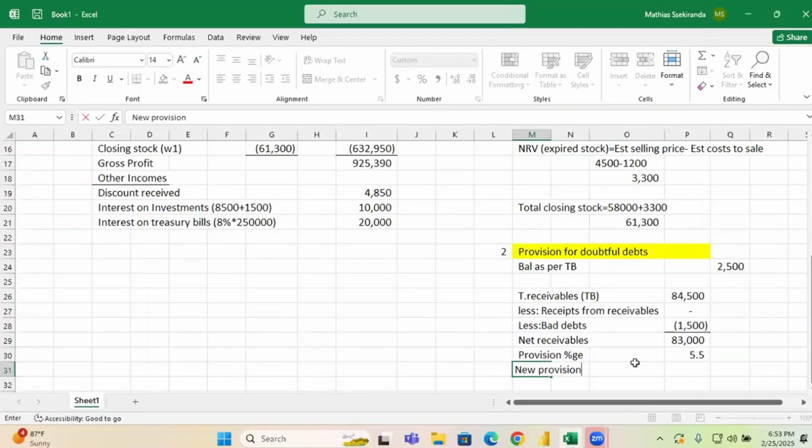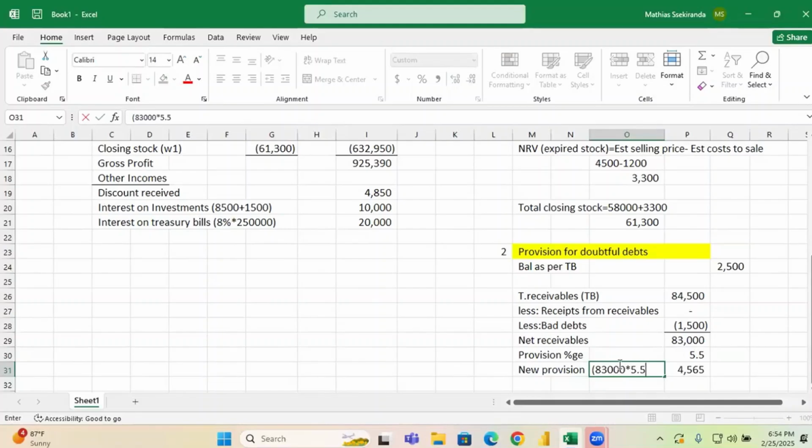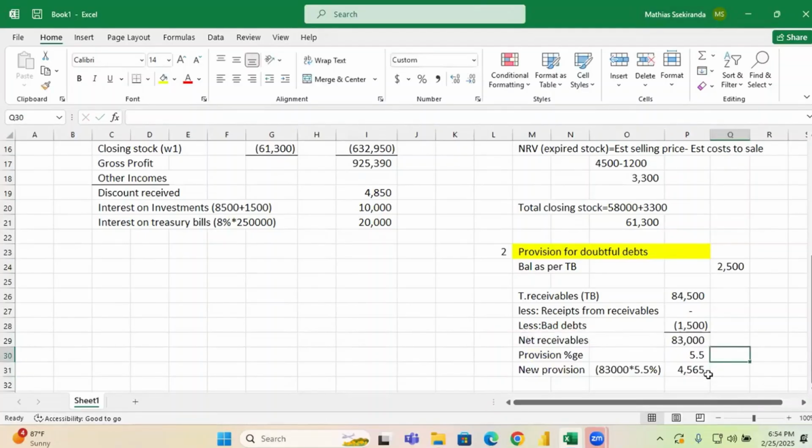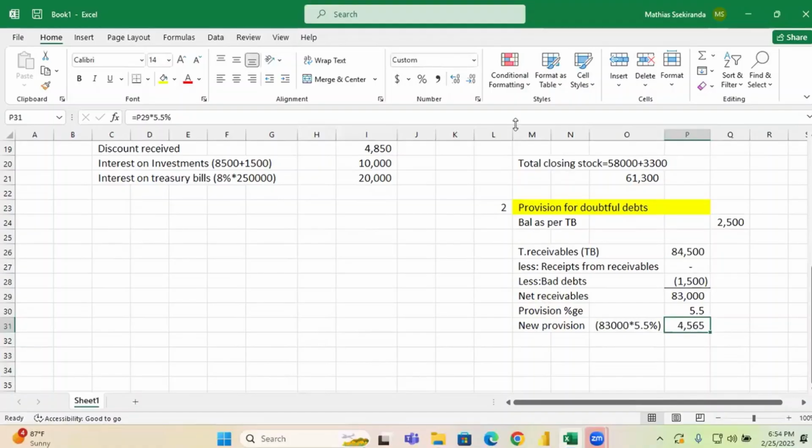The new provision is net receivables times the percentage, net receivables times 5.5%. We get the net receivables of 83,000. You multiply them with 5.5%. So the figure we get as our new provision is 4,565.